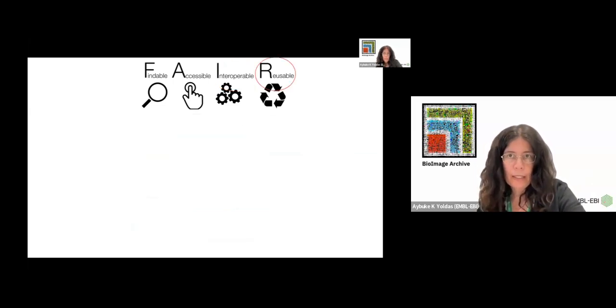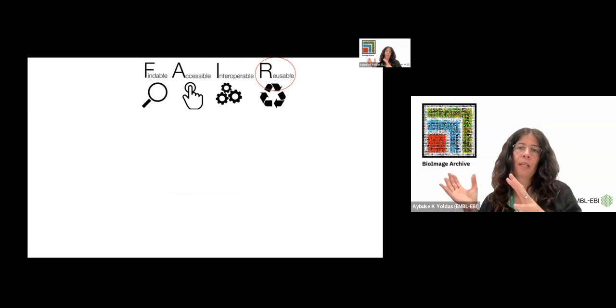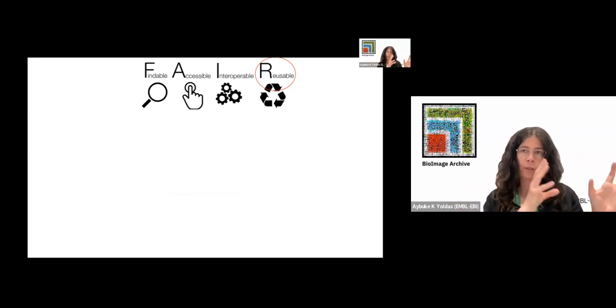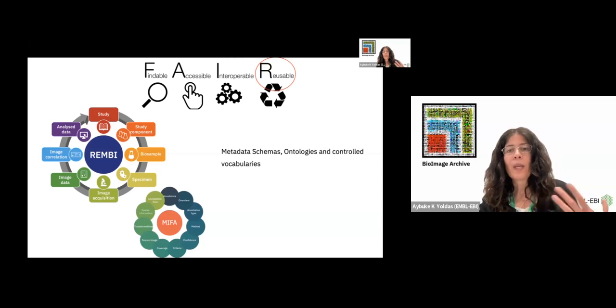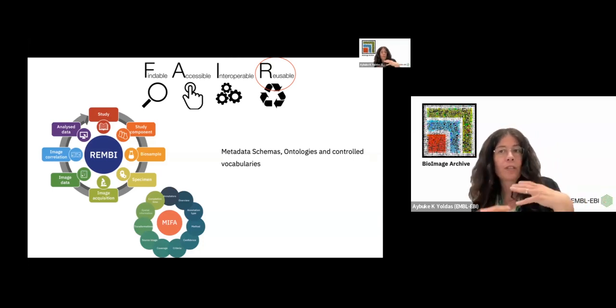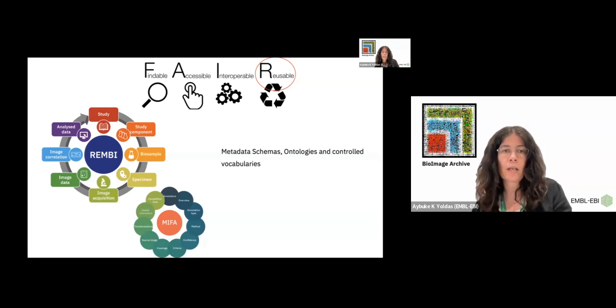Then the reusability, which depends, as Gina mentioned, on all the previous parts, plus heavily on the metadata, because to be able to reuse something, you need to know what it actually is, right? So to describe what the images are, we have implemented two metadata schemas, REMBI and MIFA.